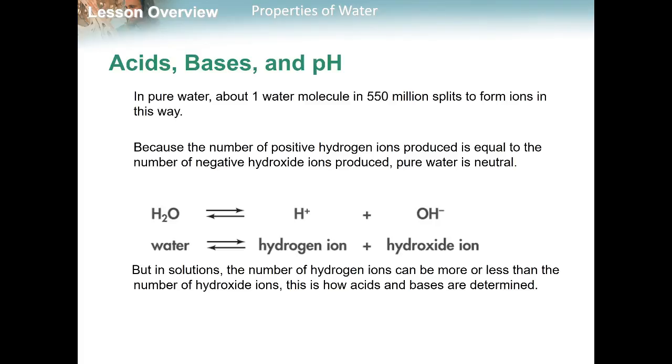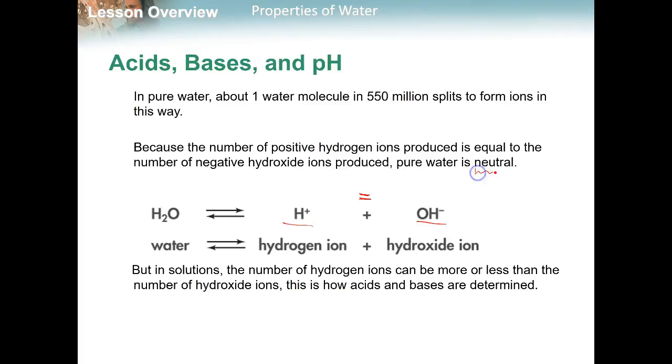So as I said, in pure water, about 1 out of 550 million molecules will split, and they will wind up providing a solution with a number of hydrogen ions and a number of hydroxide ions. Pure water is going to be equal in the number of hydrogen ions and hydroxide ions.